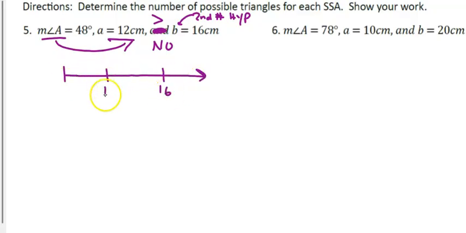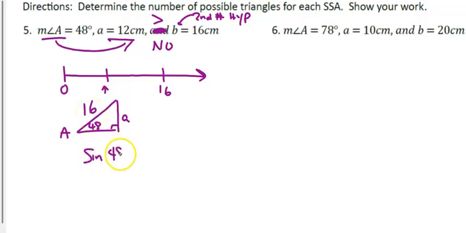So what we have to do is find the right triangle value. So for angle A, the angle is 48 degrees. We're looking for the value of A to make the right triangle, and the hypotenuse is 16. So sine 48 degrees is equal to A over 16. Cross multiply.